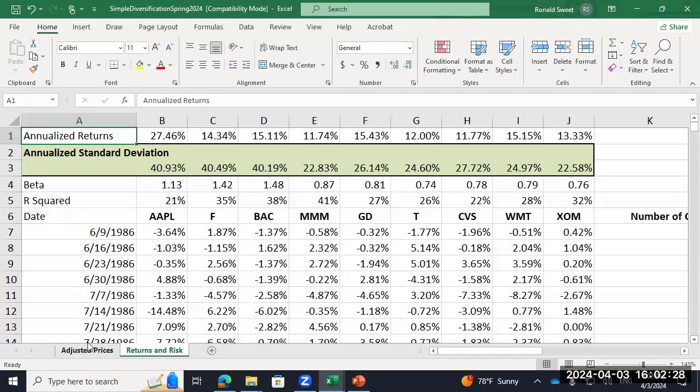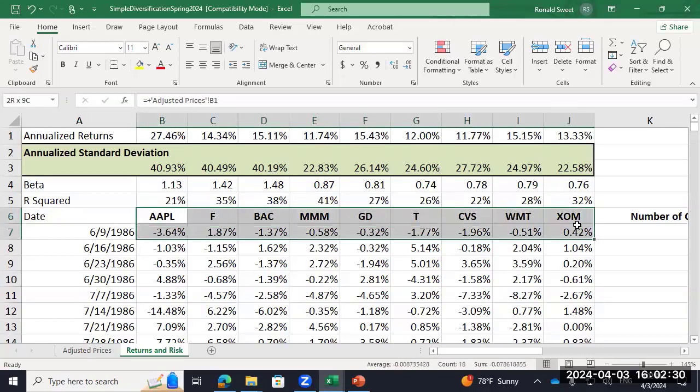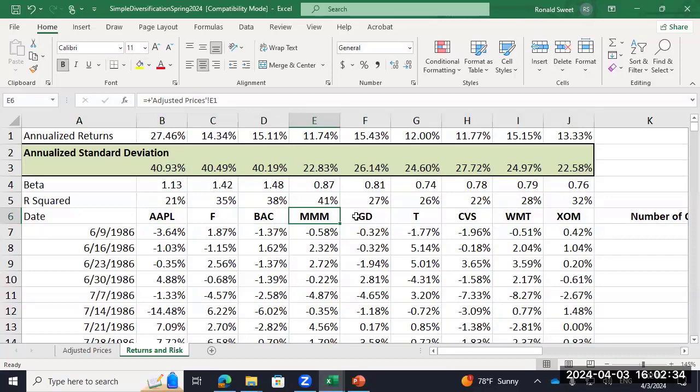So what I did here is I brought in 9 stocks from all different industries: Apple, Ford, Bank of America, 3M, General Dynamics, AT&T, CVS, Walmart, and Exxon. I brought in their weekly returns. And here's their average return. Apple has the highest average return.